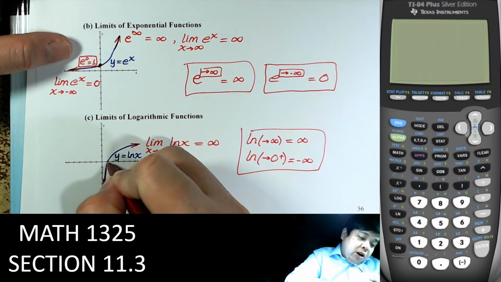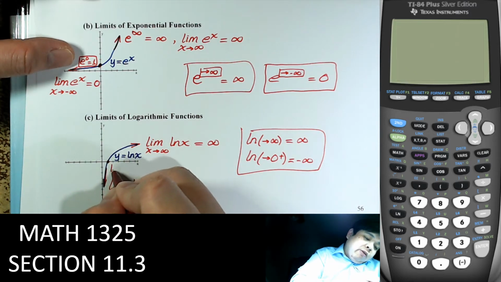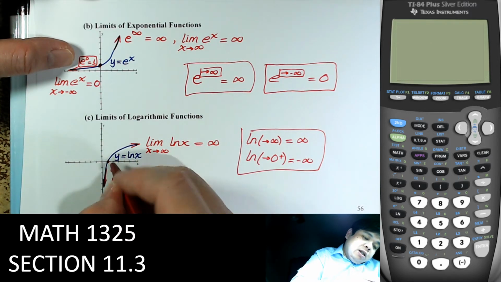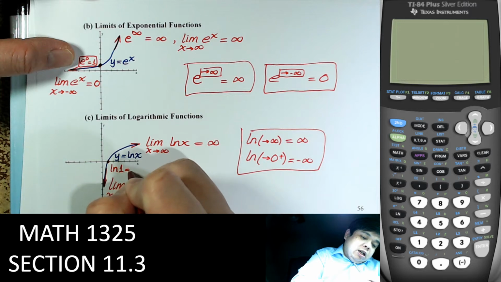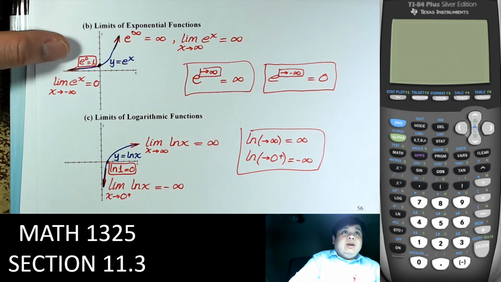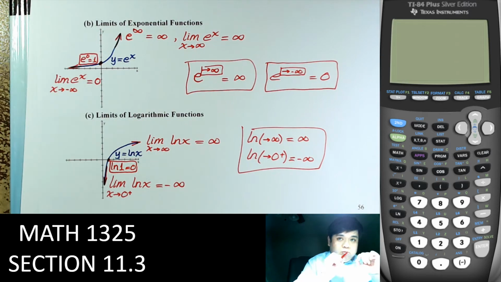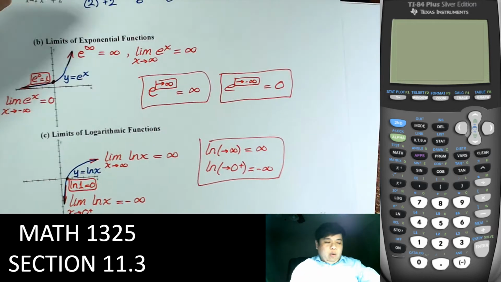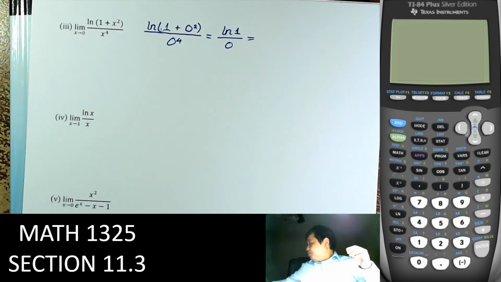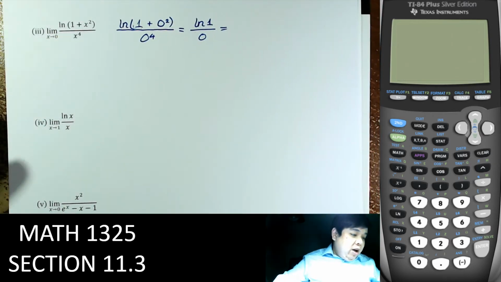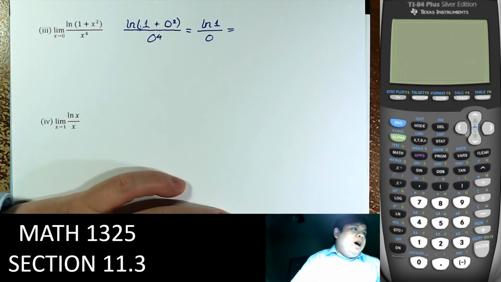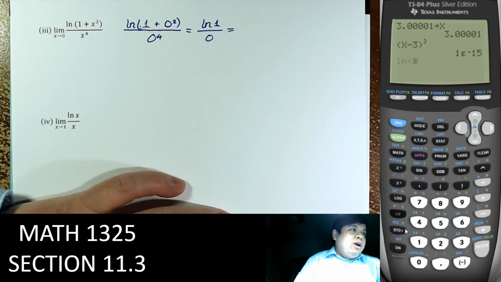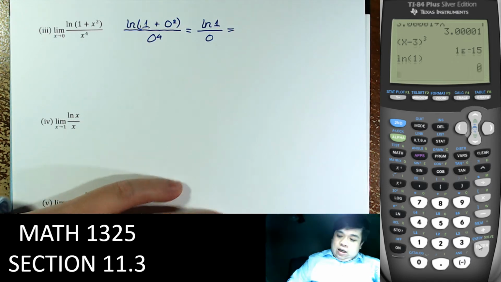And the log of 1 in any base is equal to 0. So we need to know that special point, along with what happens at the limits, what happens at infinity. So ln of 1 is equal to 0.